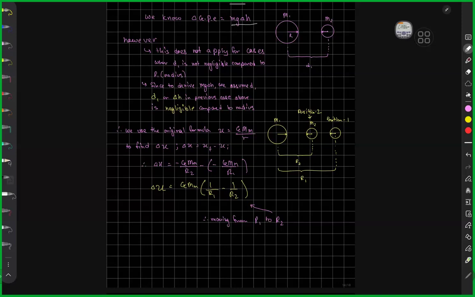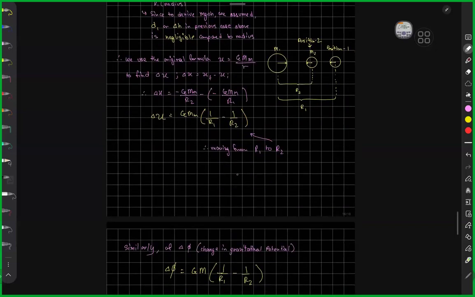And we say that for mass m2, if it's going from r1 to r2, so this is the kind of maths that will come on your paper. This is what you guys need to know. So if my mass m2 goes from position r1 to position r2, what is the change in gravitational potential energy?